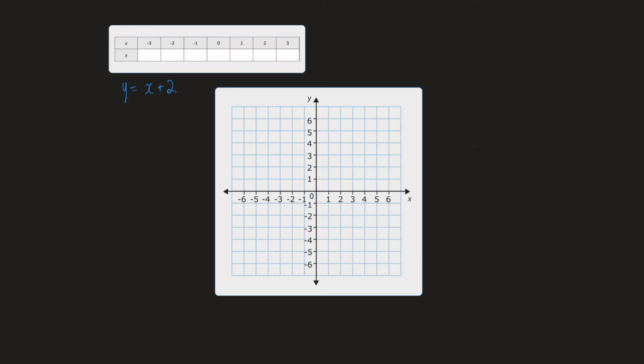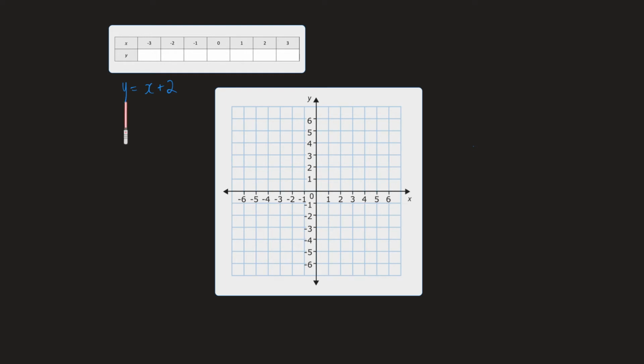So in this problem, here's my linear function, y equals x plus 2. Now I've got a table of values with my x values between -3 and 3. So what I need to do is go ahead and fill in my y values on the table of values to then plot my points to hopefully form a straight line.